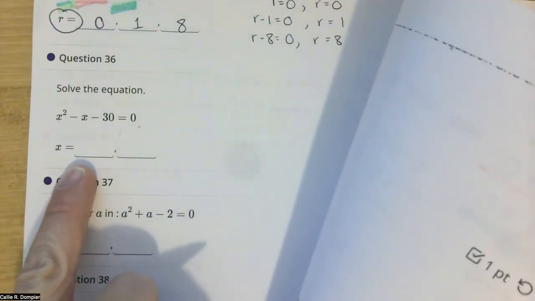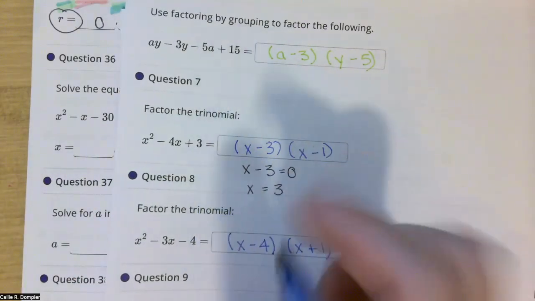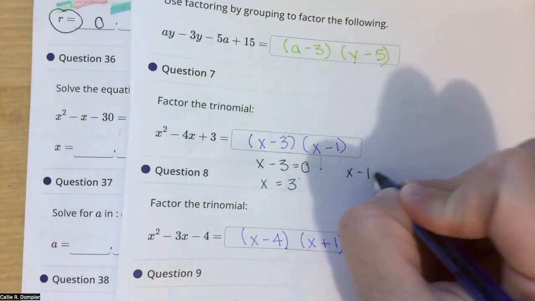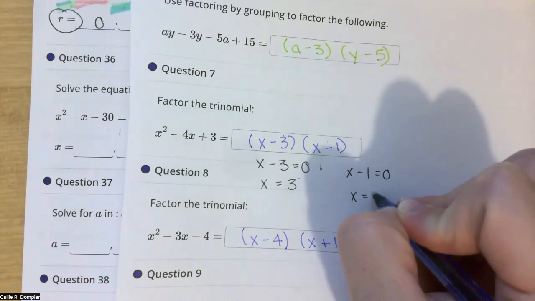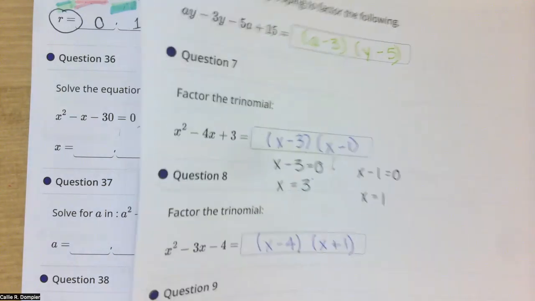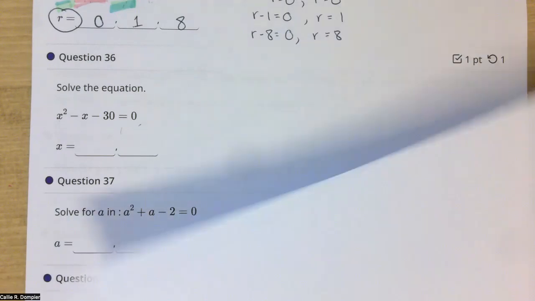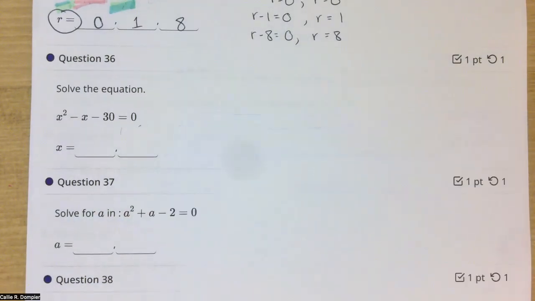Solve the equation just means once you have the factors, set each factor equal to 0, like we did up here, to find the answer. X minus 1 equals 0, X is 1. Good? Okay, so we're gonna do these just like we did at the very beginning of this video.